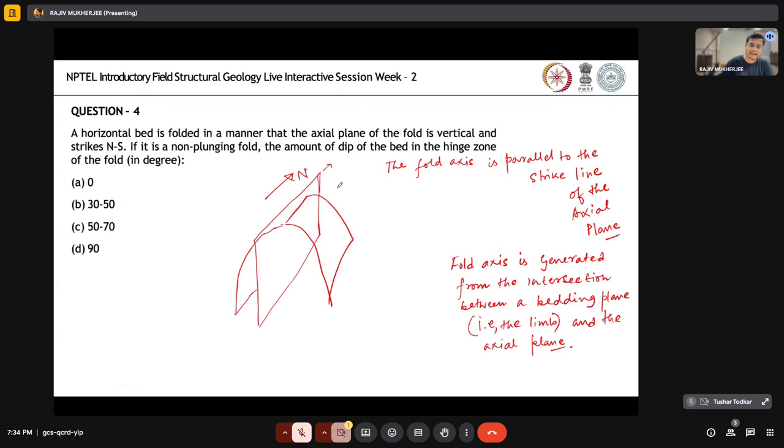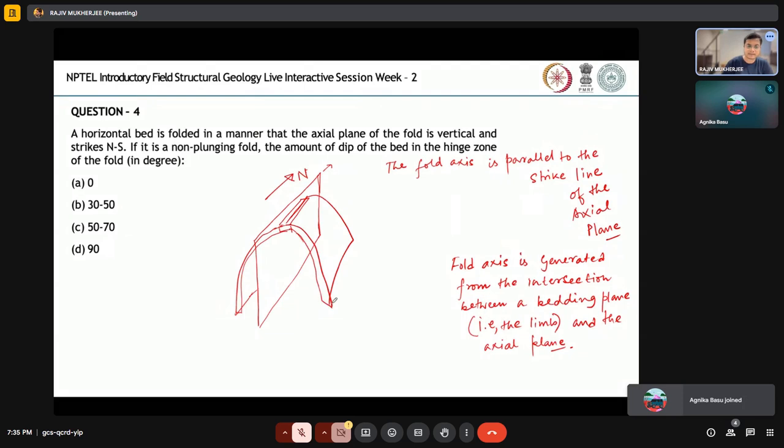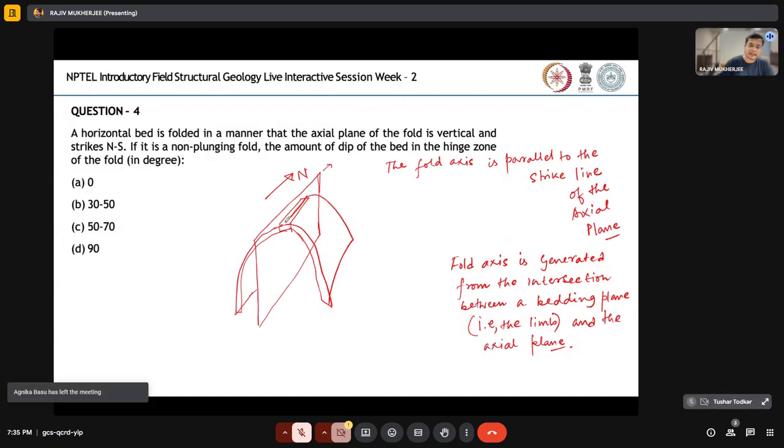So it has to be the fact that at the hinge zone, if this is the bedding plane that has been folded, at the hinge zone it has to be horizontal to intersect horizontally with a vertical plane, and that would give rise to a horizontal line. Right? So in this case, option A is the correct answer. That means the bedding plane at the hinge zone is horizontal.